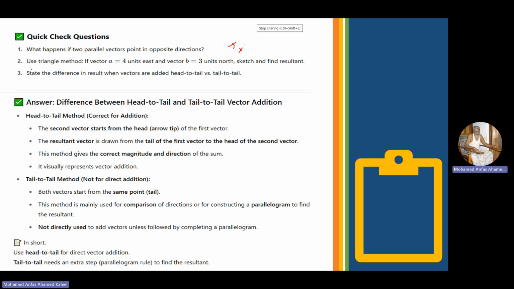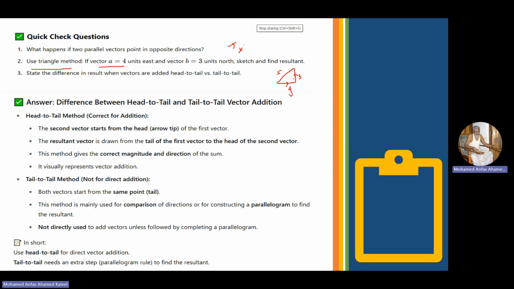Use the triangle method. Vector A is 4 units east, and vector B is 3 units north. So they are connected head to tail. By the Pythagoras law, the third side is 5.